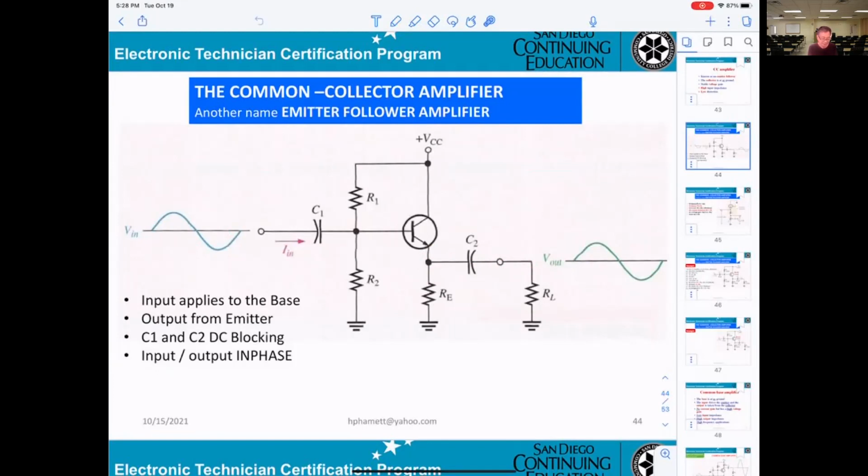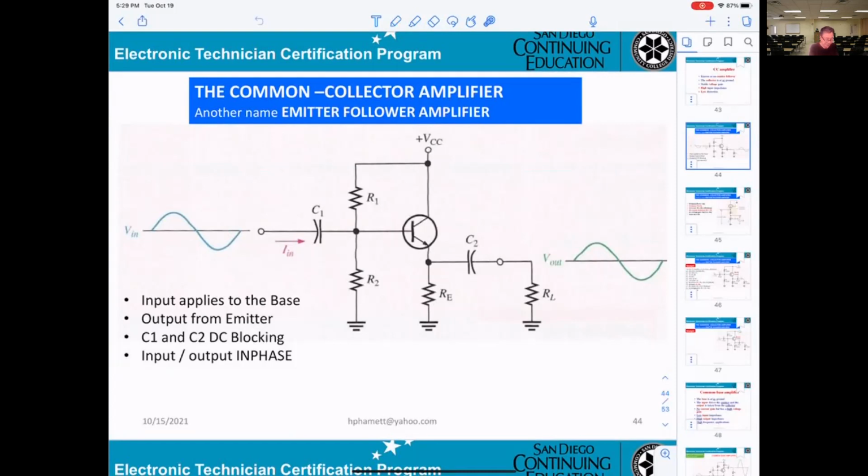And in this configuration, you get two capacitors, C1 and C2, that are only for AC coupling or DC blocking. You don't have any bypass capacitor in this common collector.